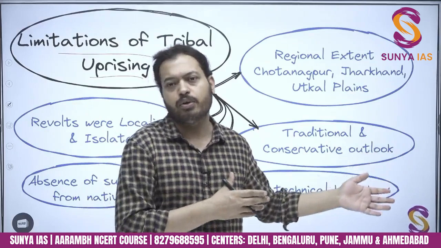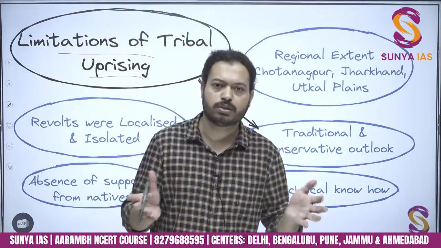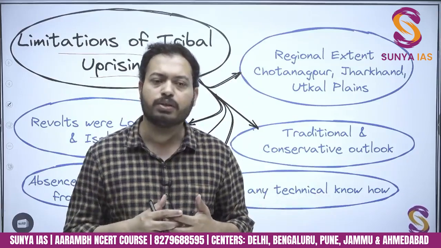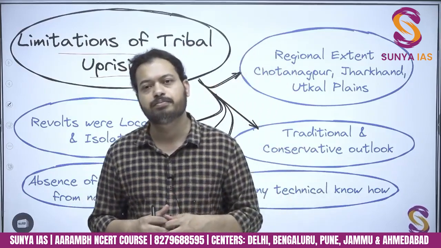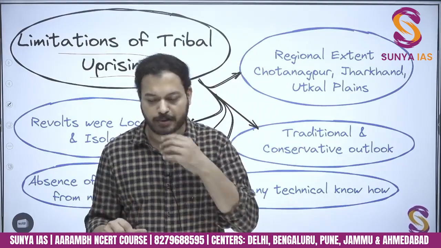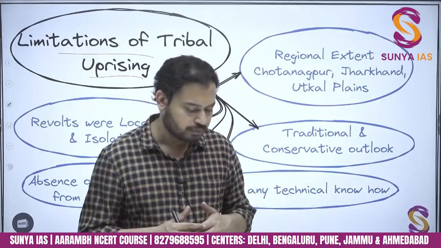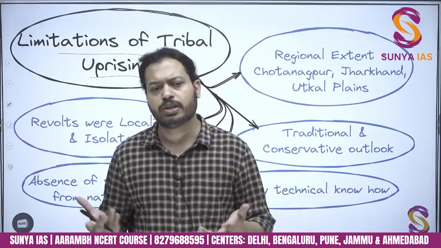They didn't have a full-fledged infantry. They didn't have a full-fledged gunpowder system to be used against the Europeans. So first of all, the limitation of tribal uprisings is that they were not technically advanced like the Europeans, and neither were they militarily advanced.